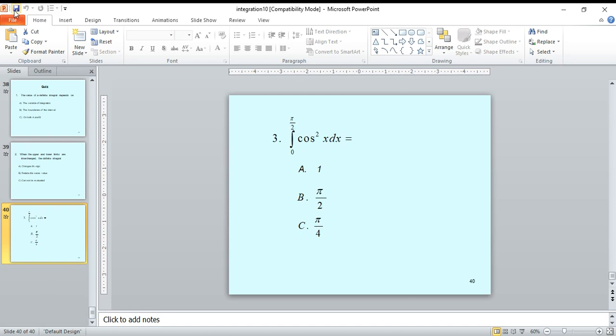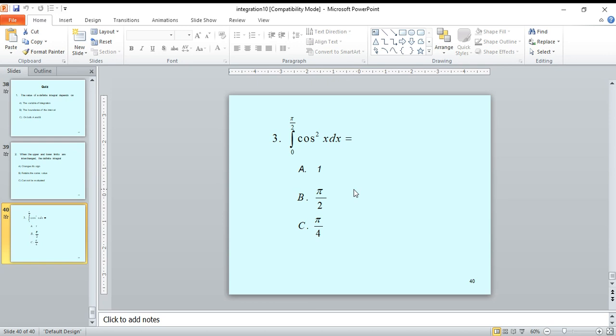Which is the correct answer? Integration 0 to pi by 2 cos square x dx. The answer: cos square x equals 1 plus cos 2 theta by 2. Apply upper limit, lower limit, 0 to pi by 2. Do this problem at home.